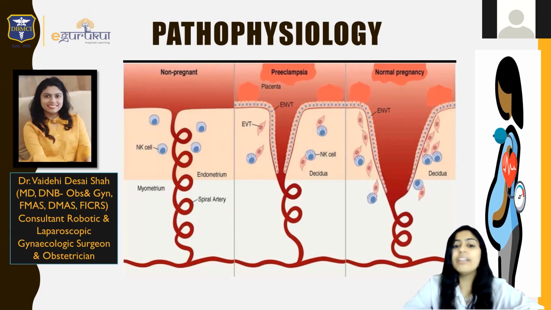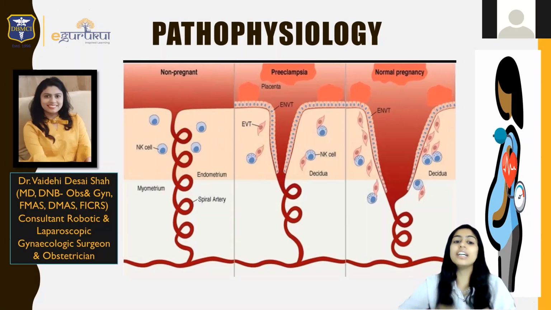Whenever a patient becomes pregnant, in a normal pregnancy there is invasion of the spiral arteries by the cytotrophoblastic cells of the placenta, which leads to conversion of the low caliber spiral artery into a high caliber, low resistance vessel.